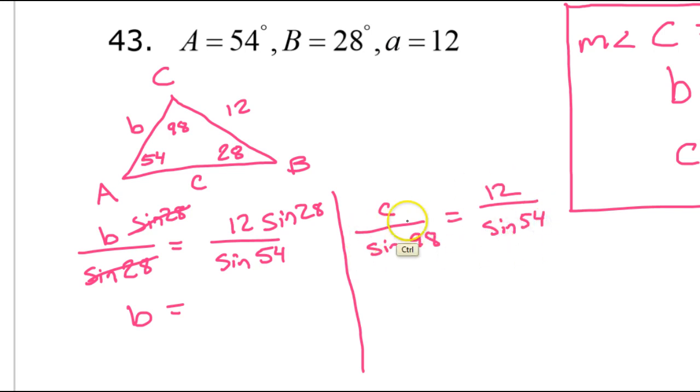So if I multiply by sine 98 on both sides, then these will cancel out, and that will give me side C. Side C will equal this.